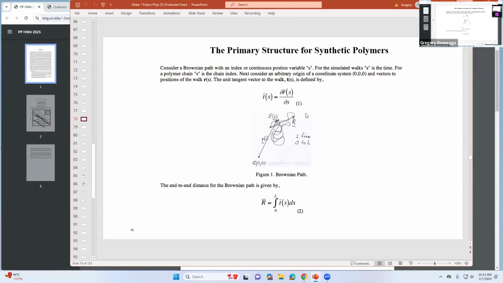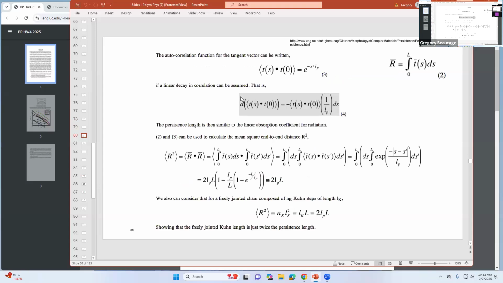So this dot product, the average of all those dot products between the tangents, has to decay from 1, when s is 0, to 0, when s is infinity.